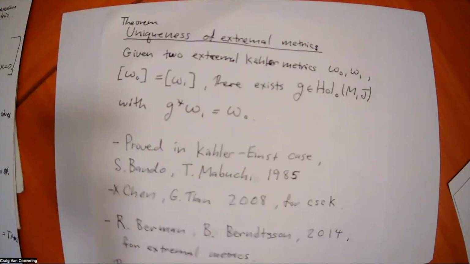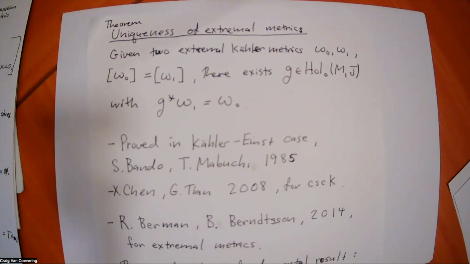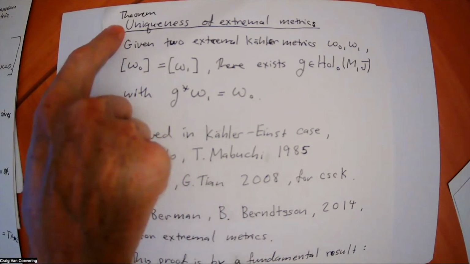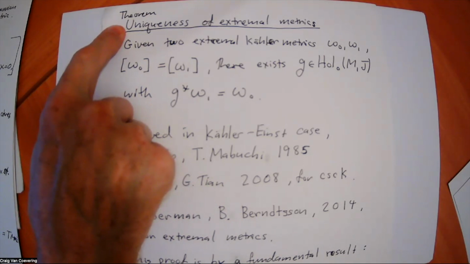The Futaki invariant just obstructs constant scalar curvature metrics, so that's not an obstruction here, but there are stability obstructions to extremal Kähler metrics, as there are for constant scalar curvature metrics. But on the positive side, it is known that these metrics are unique.